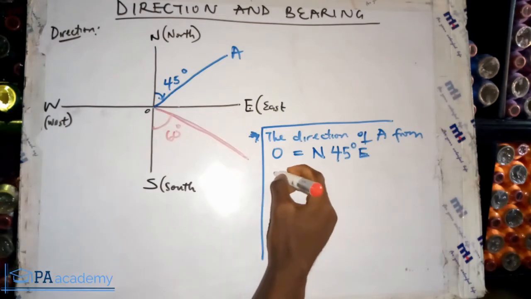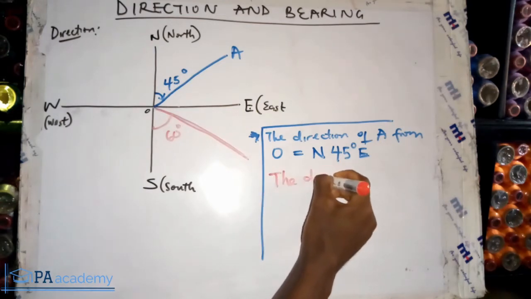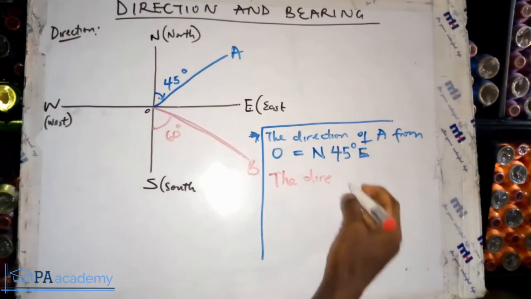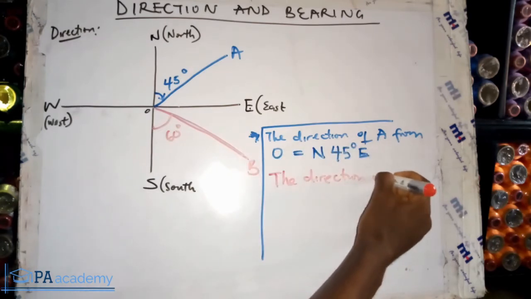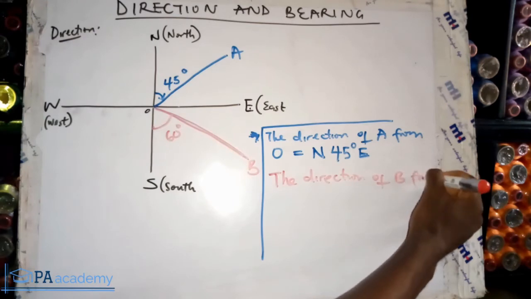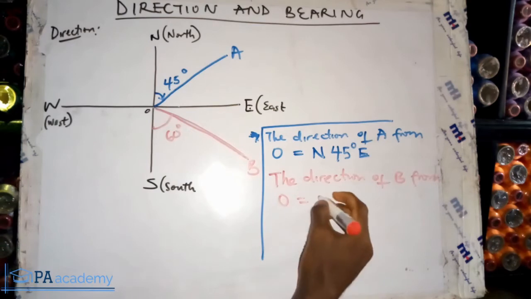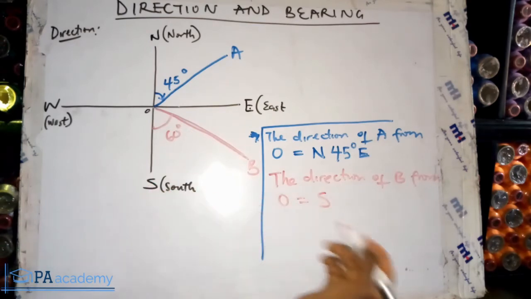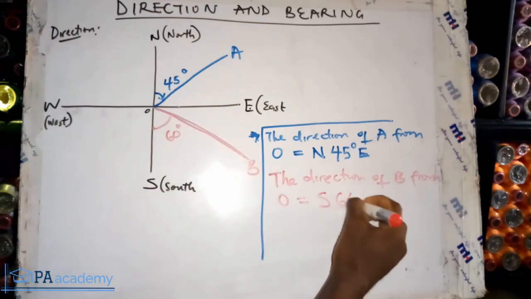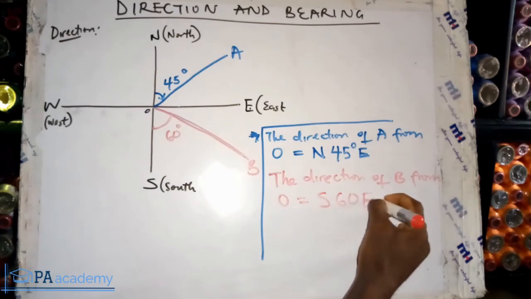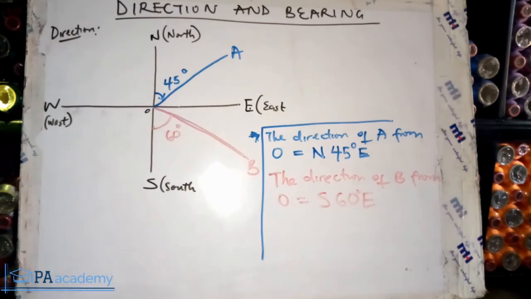Let's call this one B. The direction of B from O is equal to south 60 degrees east.